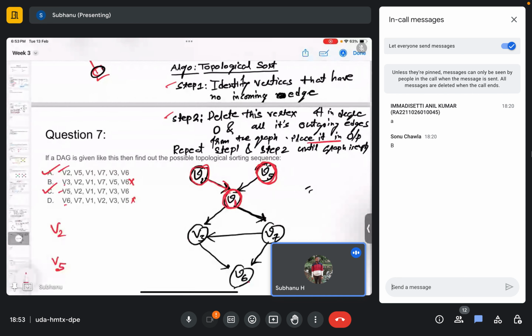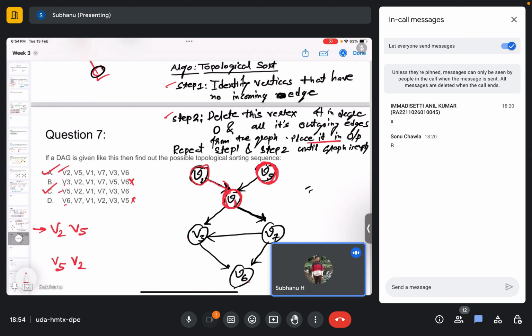Okay, if you start from V5, it says delete this vertex of in-degree 0 and all its outgoing edges from the graph and place it in the output. So if you come to V1, you must have processed V5. So if you start from V5, you also must process V2.